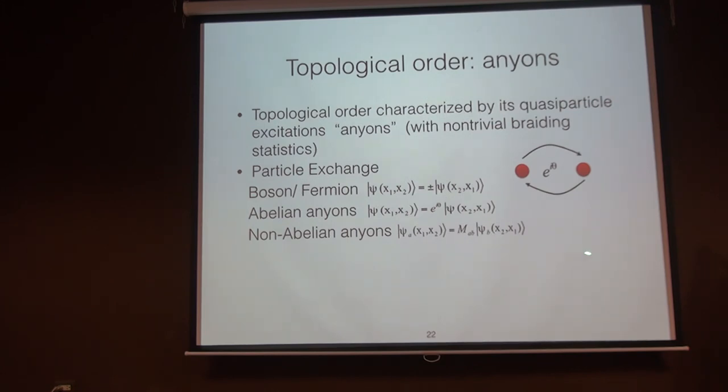For example, for a boson, if we exchange the quasi-particles, we get a trivial phase factor. But for a fermion, we get the phase factor -1. For the abelian anyon, once we exchange the quasi-particles, we get a non-trivial phase factor. And for the non-abelian anyon, the ground state is degenerate, so once we exchange the quasi-particles, we need to use a matrix.